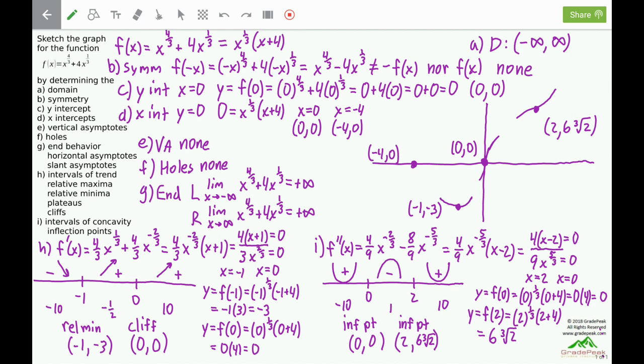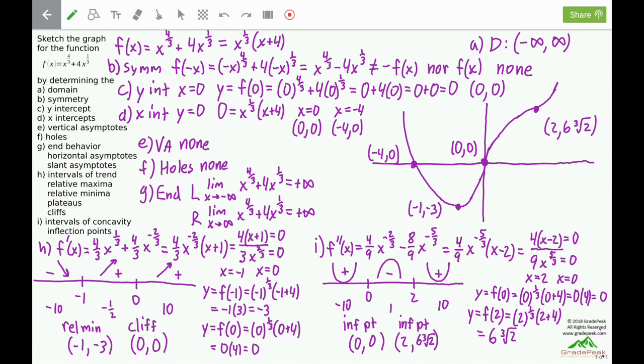And now we can connect these pieces together with each other, so we can extend this here and here. And we can be sure that we pass through the intercept here, like so. And we can see that on the left end behavior it is positive infinity, and on the right end behavior it's also positive infinity, as it should be.